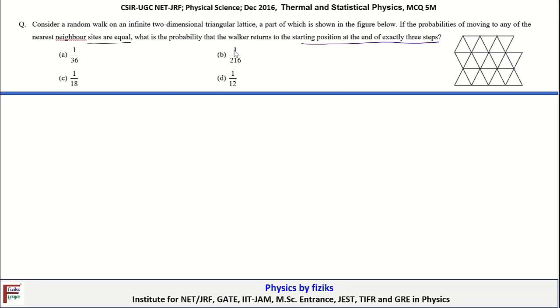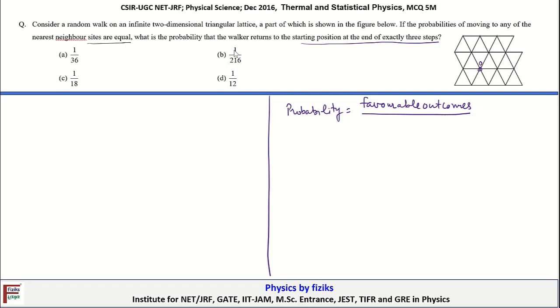Okay, so what we are going to do is we are going to fix a point as our origin. Let's say this is our origin O. Okay, so now the way probability is defined is, it is the probability that is equal to the favorable outcomes divided by total outcomes.